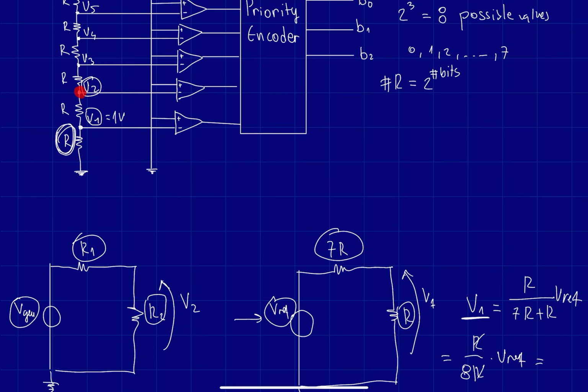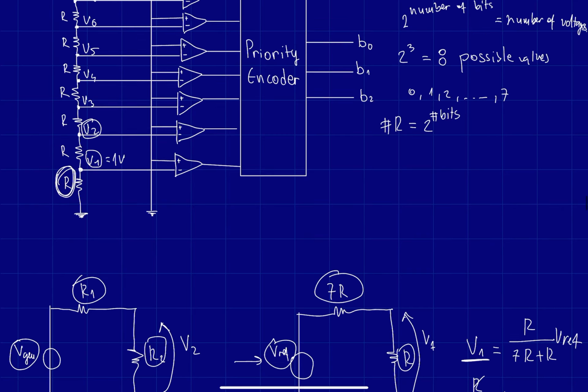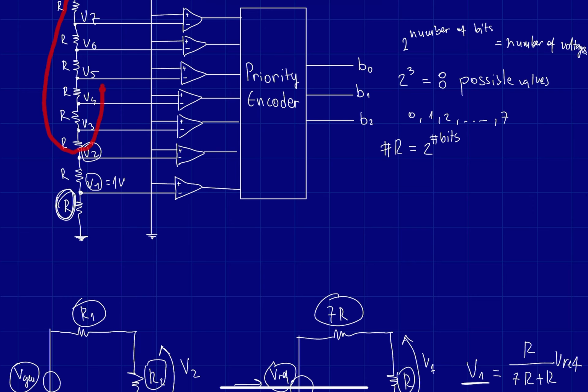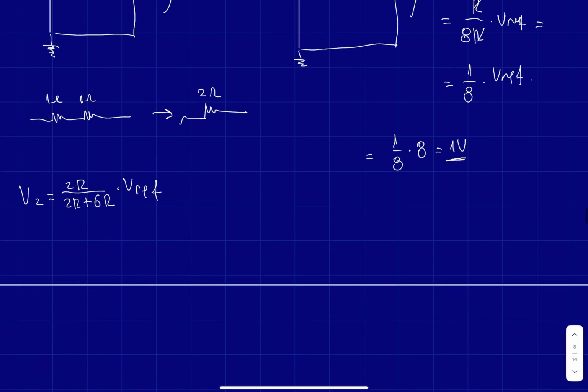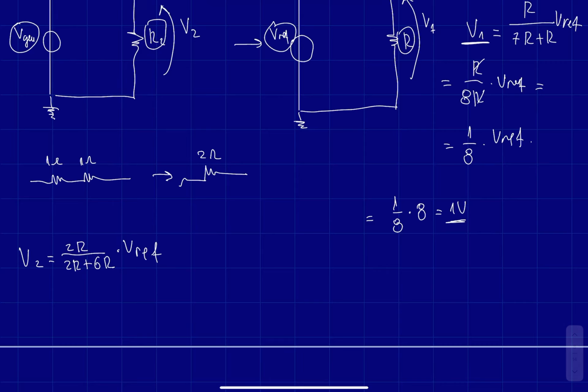Below this node we have 2 resistors, and above we have 6 resistors, and that is the reason why we use this formula from the voltage divider. So this is equal to 2R divided by 8R times Vref, which is 2 divided by 8 Vref.